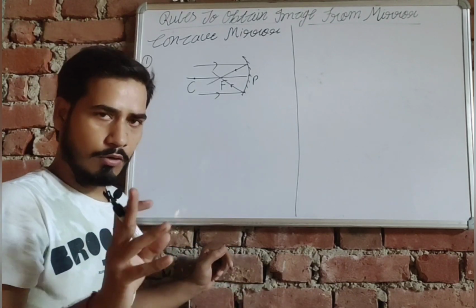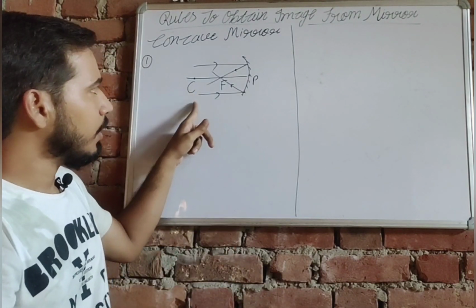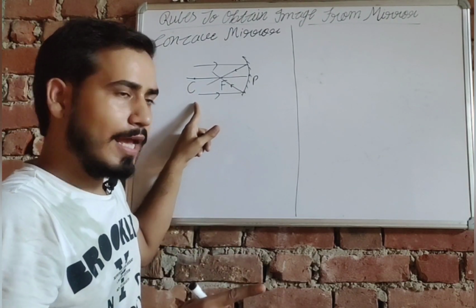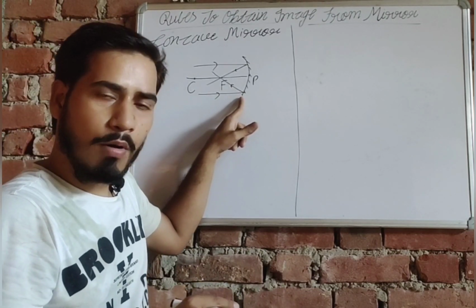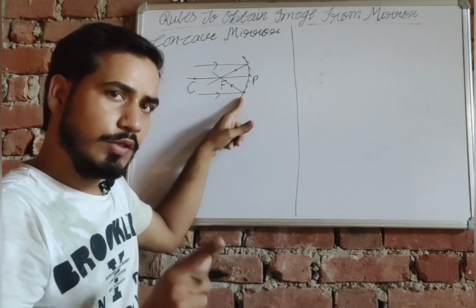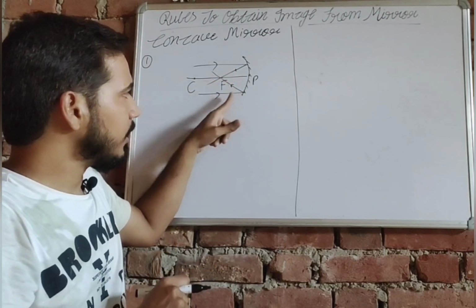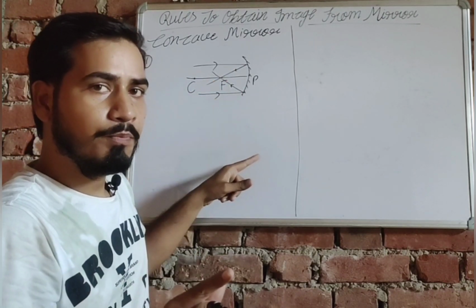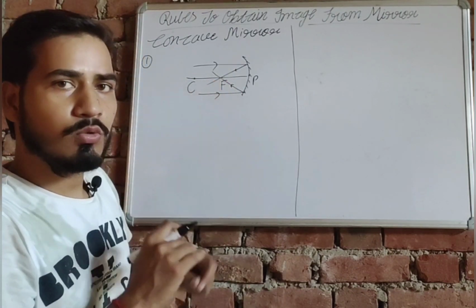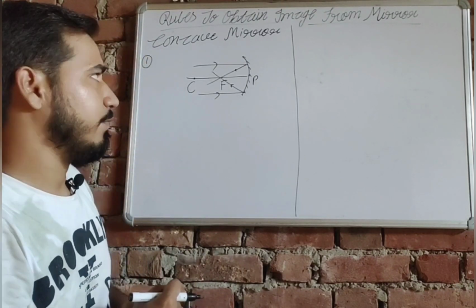Again I am repeating, now you can note it. If the parallel beam of light falls upon a concave mirror, then after reflection these rays pass through the focus of the concave mirror.